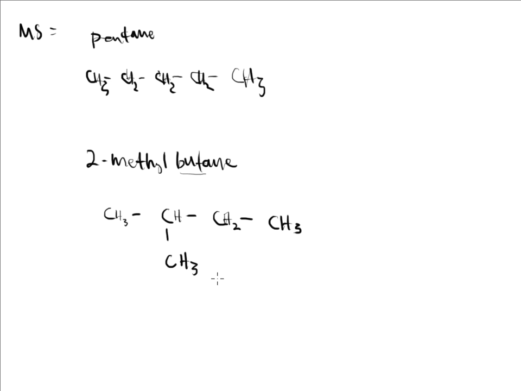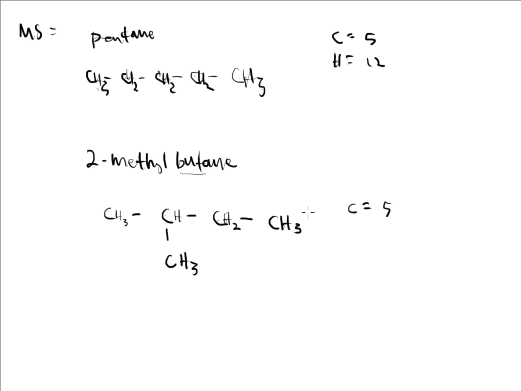Now the reason I want to turn and look at this one is because I want you to compare the two structures. If I take the total number of carbons up here at the very top, 1, 2, 3, 4, 5. I have 5 of them. If I take the total number of carbons down here at the bottom, 1, 2, 3, 4, 5, I have 5 in total. If I look at the hydrogens, 3 and 3 is 6, 7, 8, 9, 10, 11, 12.